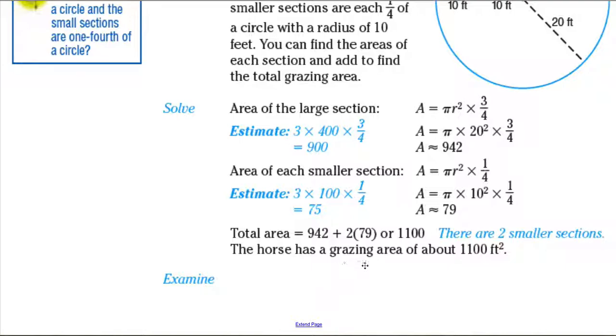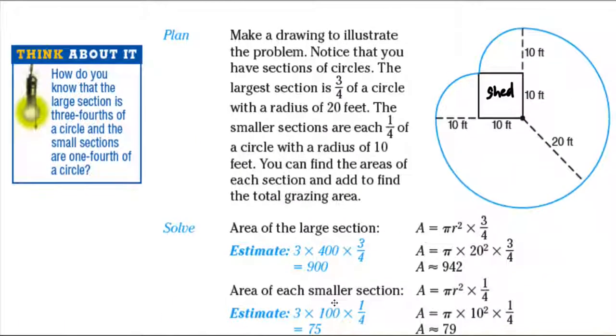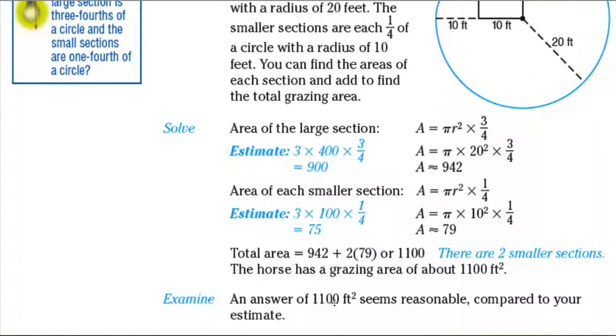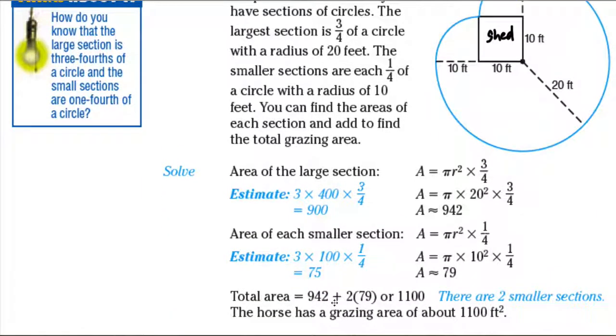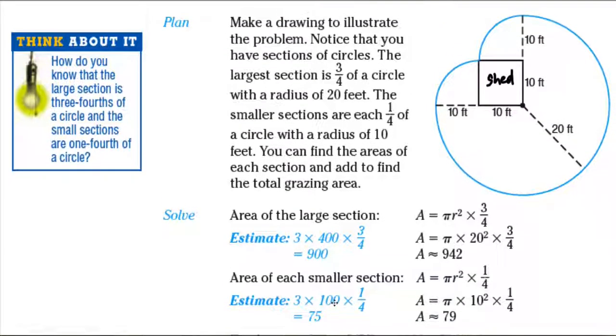So the horse has a grazing area of around 1100 square feet. Now if you notice, the answer 1100 square feet seems reasonable compared to our estimates. So that's how you solve this problem, by drawing, to see exactly how you are going to solve this type of problem.